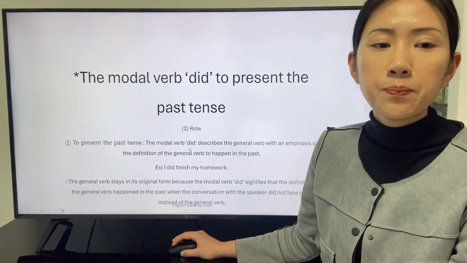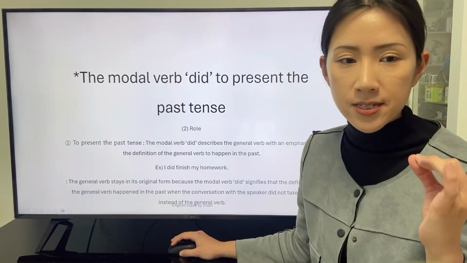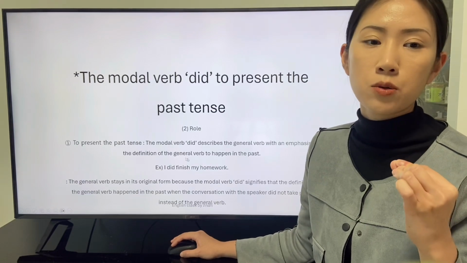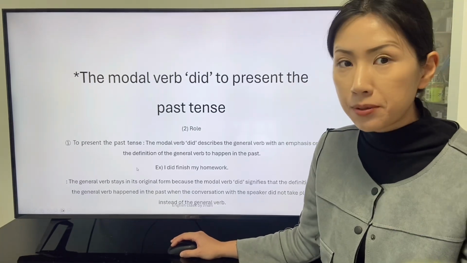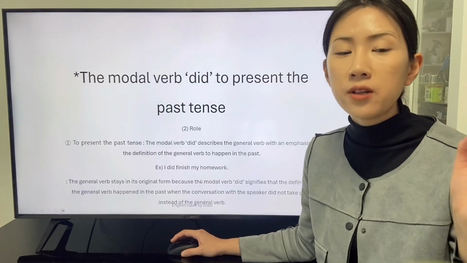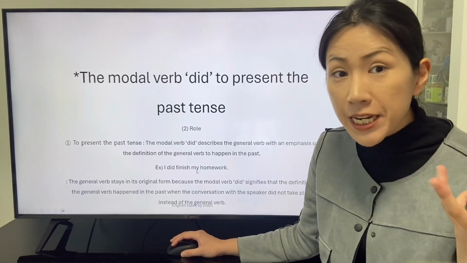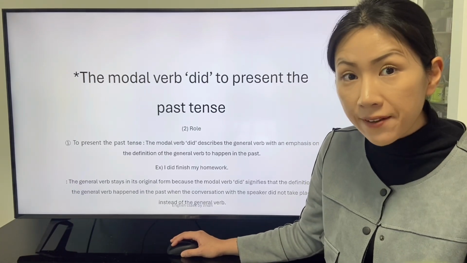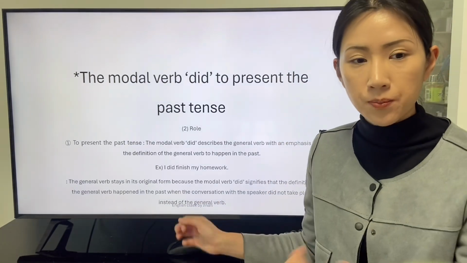The modal verb did describes the general verb with an emphasis on the definition of the general verb to happen in the past. There is an exemplary clause: I did finish my homework. The modal verb did emphasizes that the definition of the transitive verb finish happened in the past.